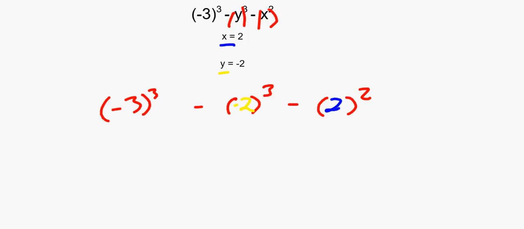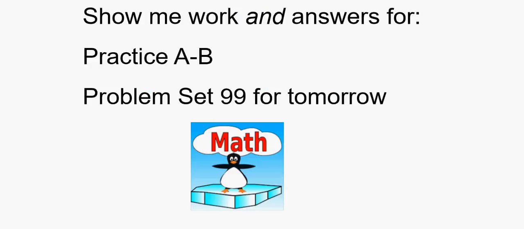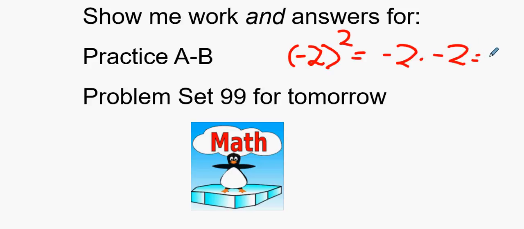Same problem as before, but see, if we didn't put parentheses here, everything would have to change. And when you plug in a number for a variable, you include parentheses and try to make sure you're keeping your exponents with your signed numbers straight so that you have a negative 27 minus a what? Negative 2 times itself 3 times is still negative, minus a 4 squared. Sometimes it doesn't really need it. In this case, it really did. Okay, so make sure you're showing parentheses when you're supposed to. For now, you're just making sure that if the sign is inside the parentheses, you're doing negative 2 times negative 2 is 4.